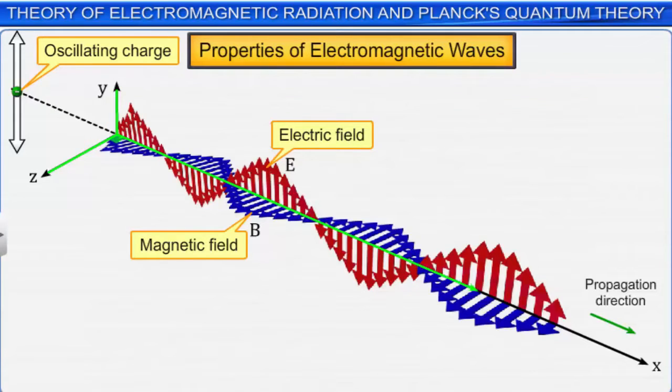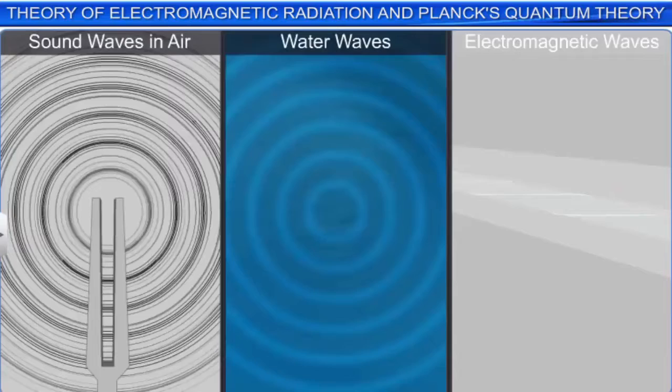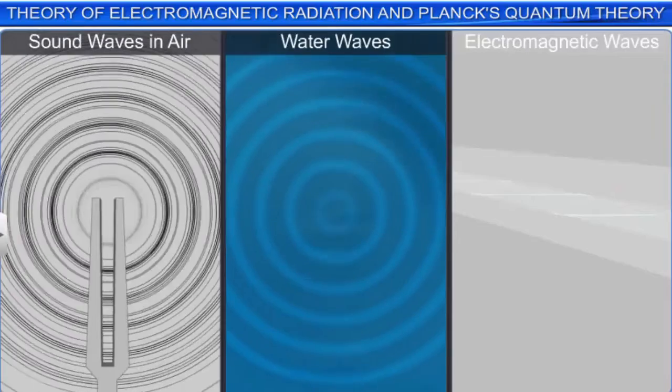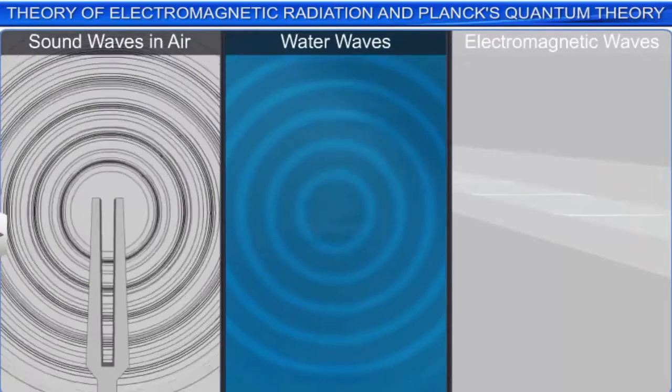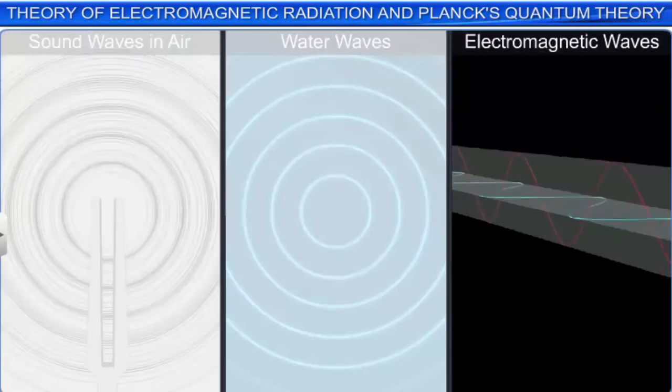Unlike sound or water waves that require a medium for propagation, electromagnetic waves can move in vacuum at the velocity of light, that is 3 into 10 raised to the power 8 meter per second.